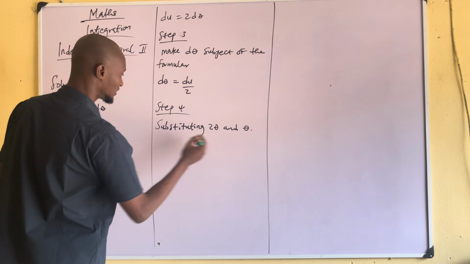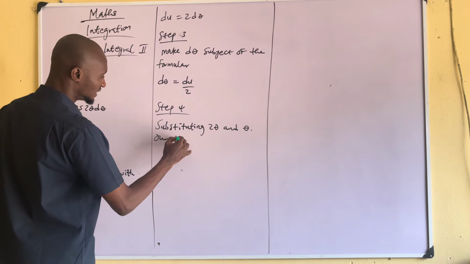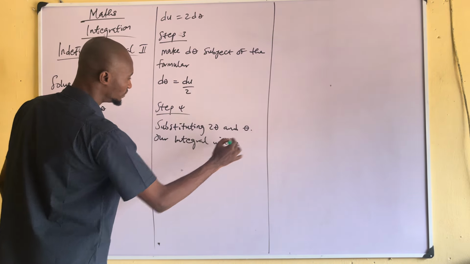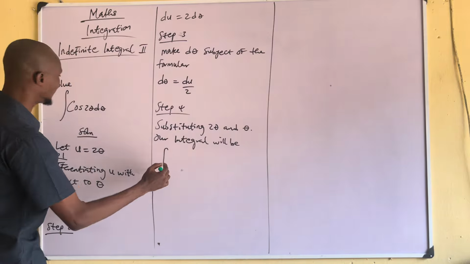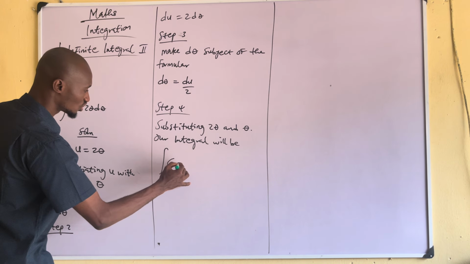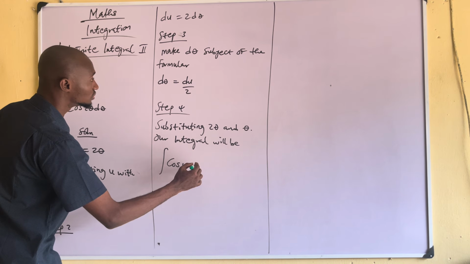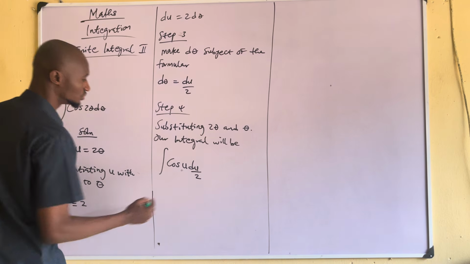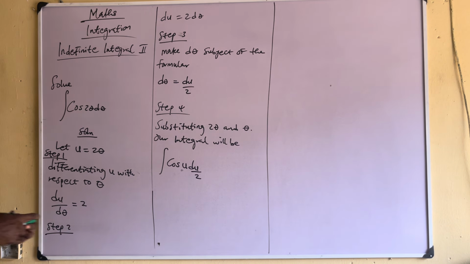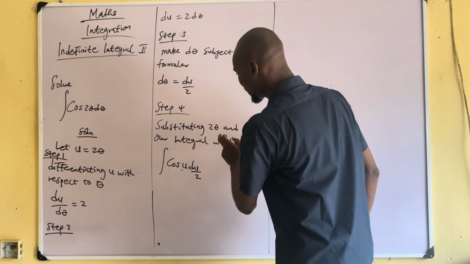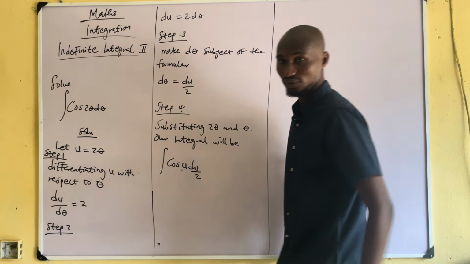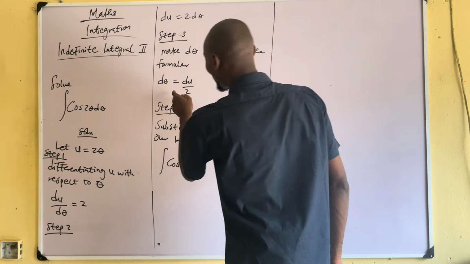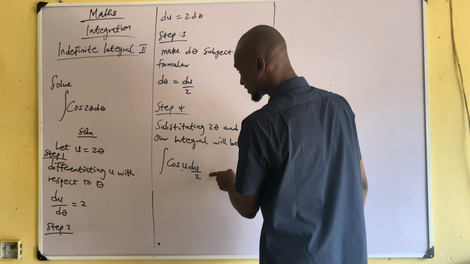If you do that, our integral will be the integral of cos u du over 2. Did you understand? Let me explain. 2 theta is equal to u. And d theta is equal to du over 2, which is this.